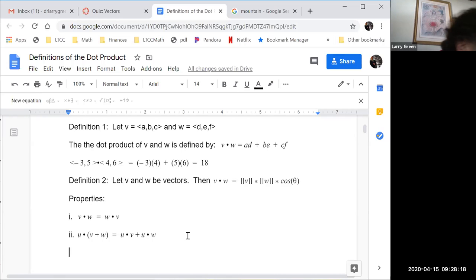Okay, the other is the associative property, but with scalar multiplication.